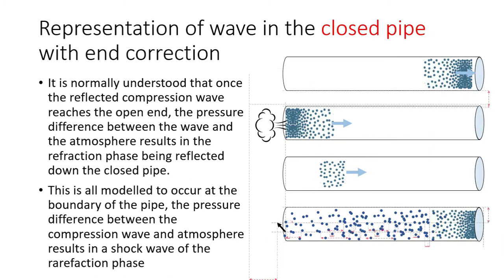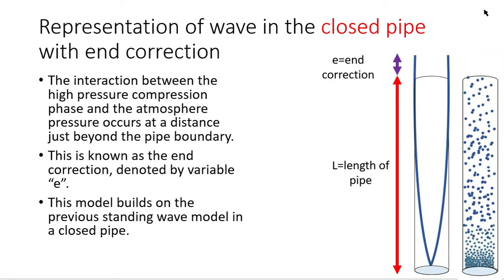Ultimately you get a destructive interference node created near the closed end, and an antinode towards the open end. Now this is all good and well, but what actually happens is this doesn't occur at the boundary that we talked about in the first model.